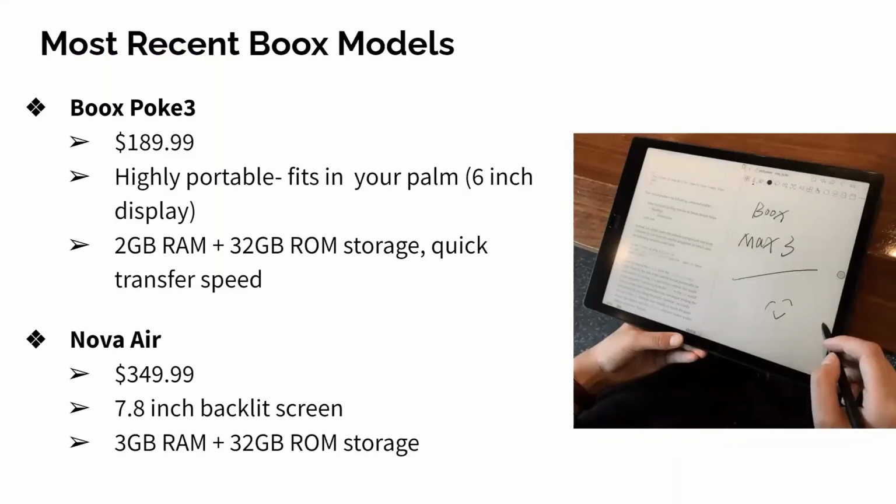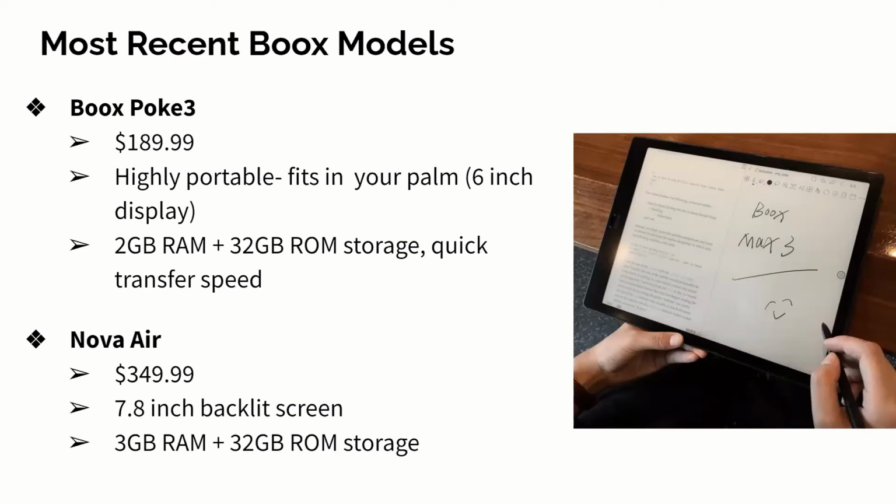Most recent Boox models. Boox Poke 3. $189.99. Highly portable, fits in your palm, with a 6-inch display. 2 gigabytes of RAM, plus 32 gigabytes of ROM storage. Quick transfer speed. Nova Air. $349.99. 7.8-inch backlit screen.